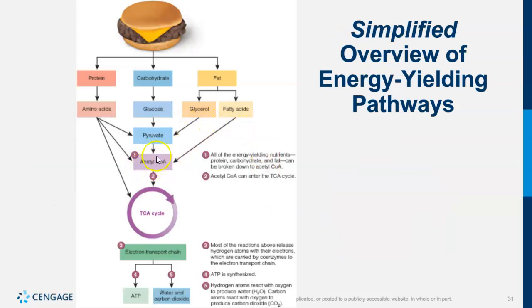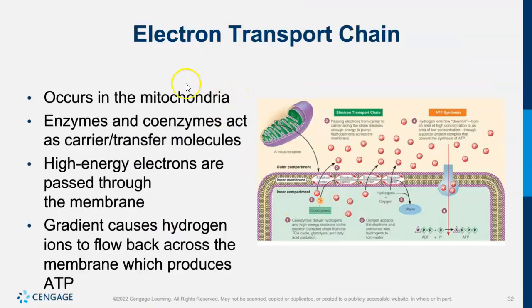So we were here, right? We had acetyl-CoA, and we used it in the TCA cycle. It combines with oxaloacetate to make citrate, and it produces 2 ATP and a whole bunch of these hydrogen ion substances that we're going to then move to the electron transport chain. The electron transport chain is happening in these little folds of the mitochondria.